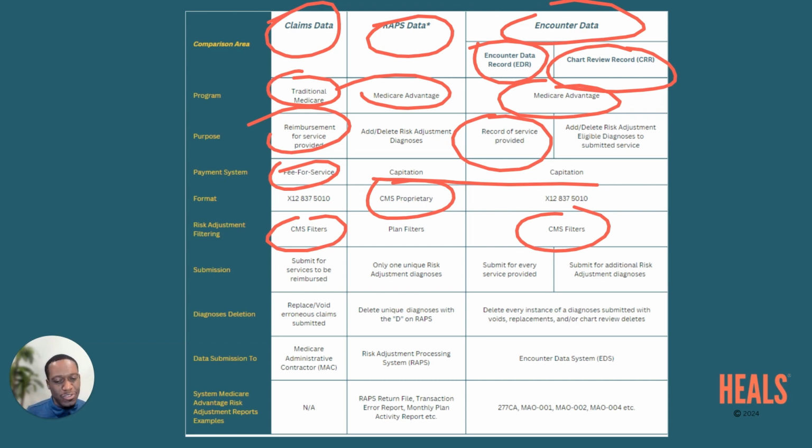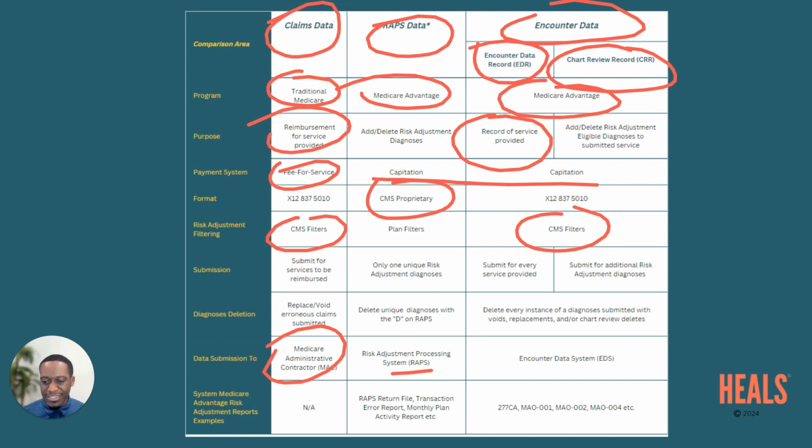For RAPS data, you submit a D for delete. For encounter data, you are deleting every instance of a diagnosis that was submitted, and the same with a chart review record. Data submission goes to the MAC for fee-for-service, to the Risk Adjustment Processing System for RAPS data, and to EDPS for encounter data records and chart review records.